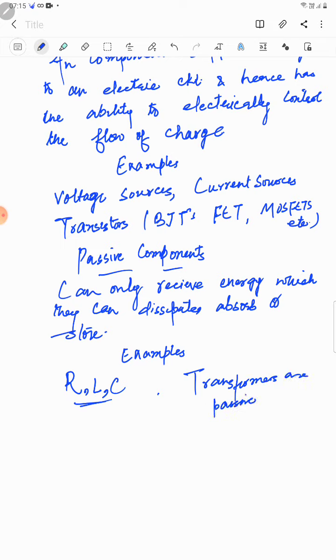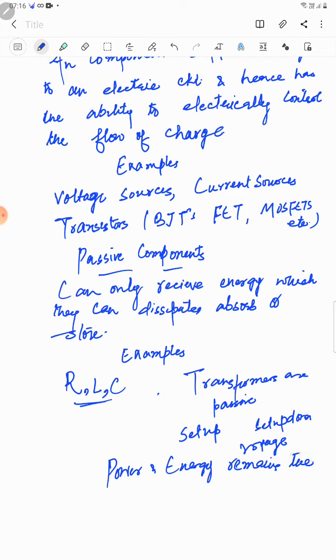Transformers are also passive components. This is because they are used for stepping up or stepping down voltage. But so far as power and energy are concerned, power and energy remain the same.